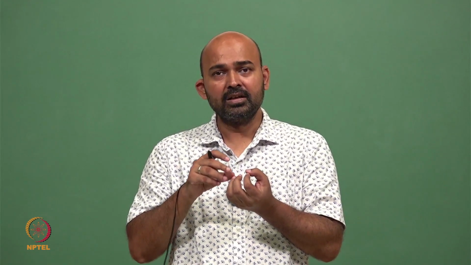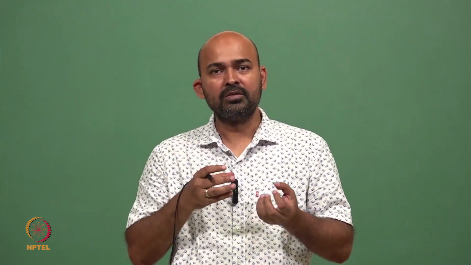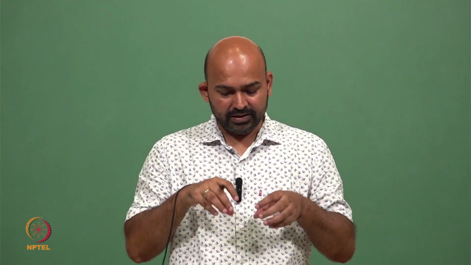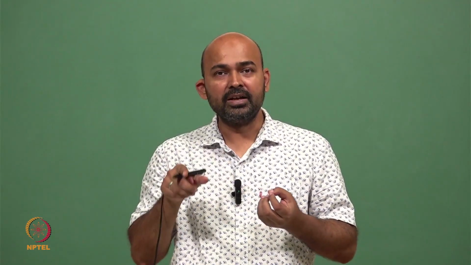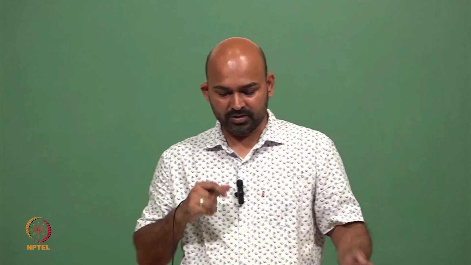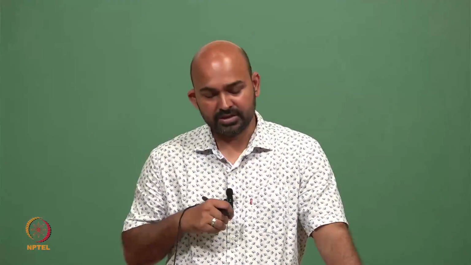Otherwise, what will happen if it is not transparent? This generated photon will be annihilated within the material itself and it will not come out, which we can detect using our other circuitry. So the detector material should be transparent to the wavelength of its own emission, what it generates.